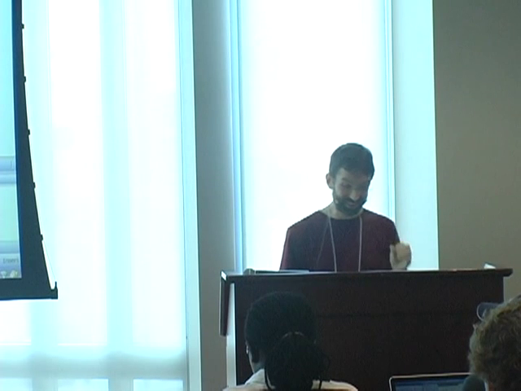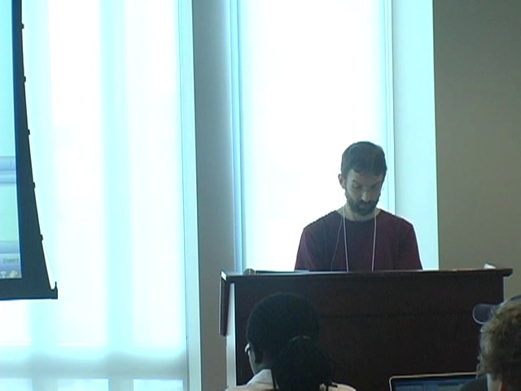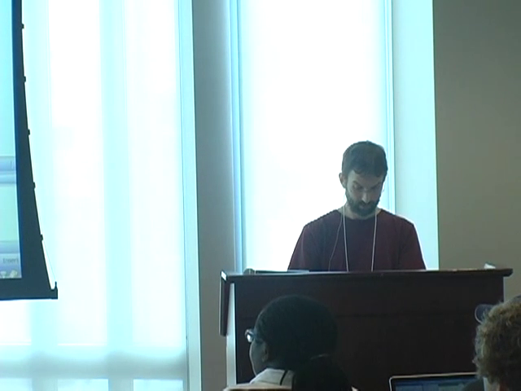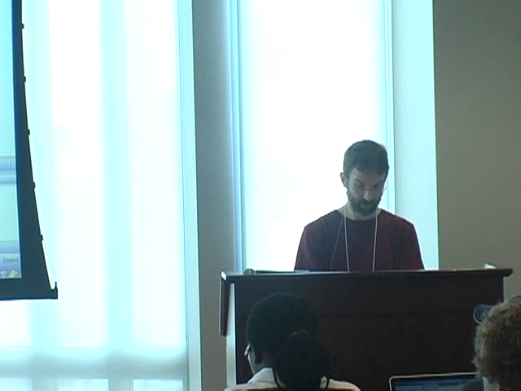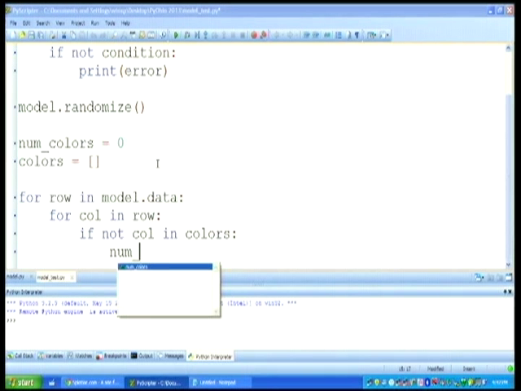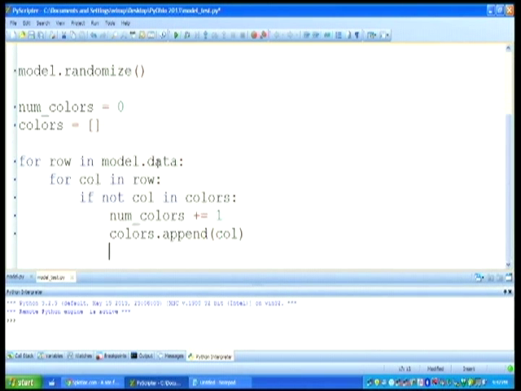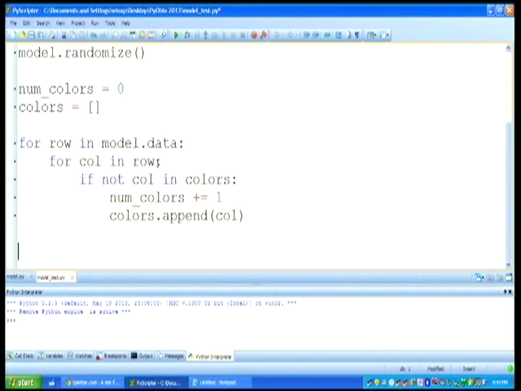So first thing I'm going to do is I want to check to see if the current color, which is in call, is in colors. And then not that, because I don't really care if it is. So if it is not in the colors list, I add it to the colors list and I bump up the number of colors.